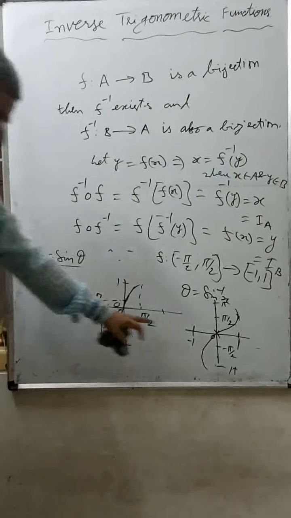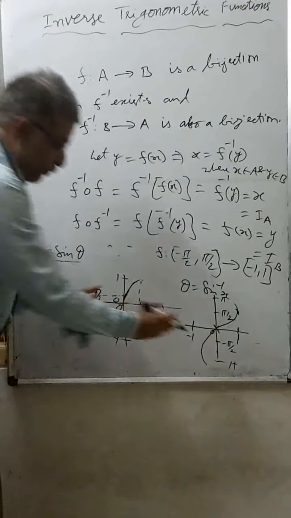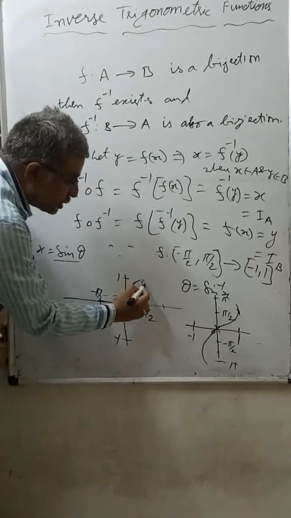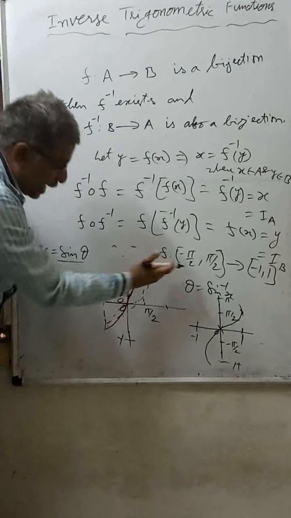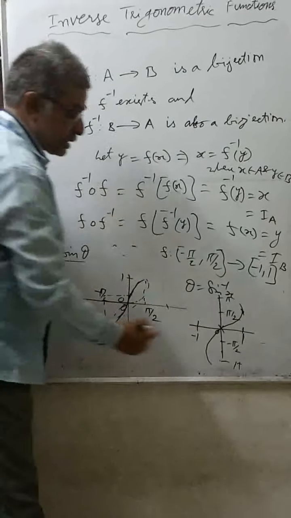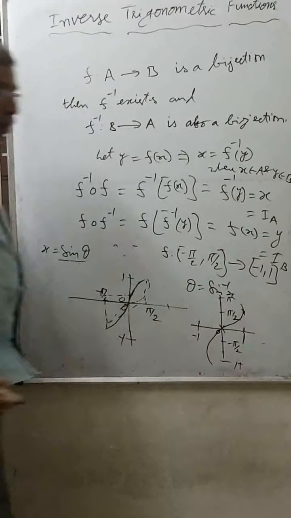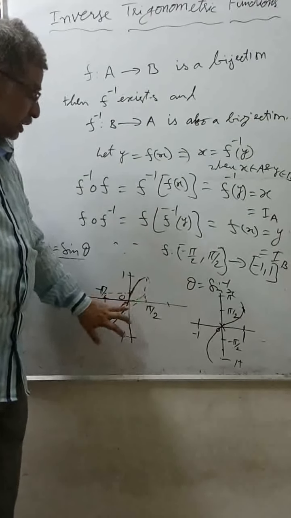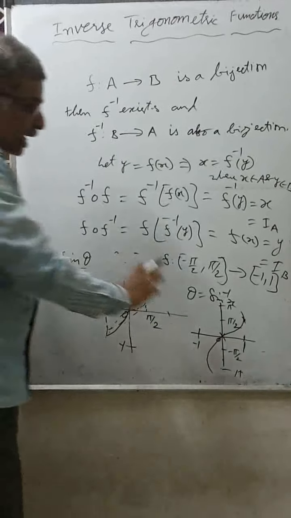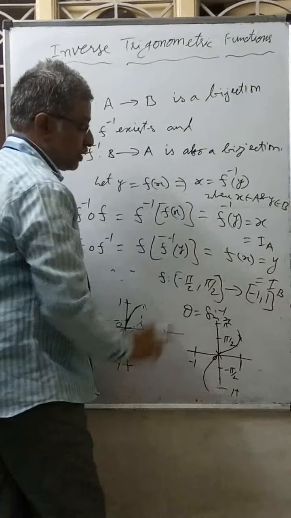So if you take these two curves and put them together, these two are images of each other along the line y equal to x. One is the image of the other along the line y equal to x. This is sin inverse x. So what happens if theta equals sin inverse x?